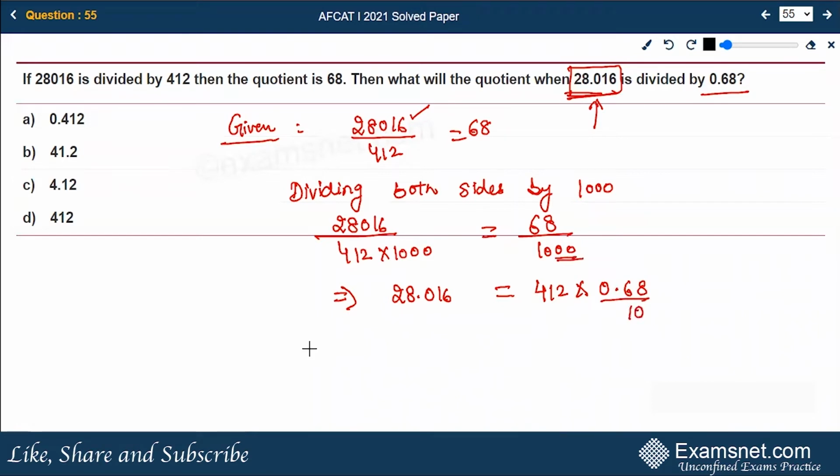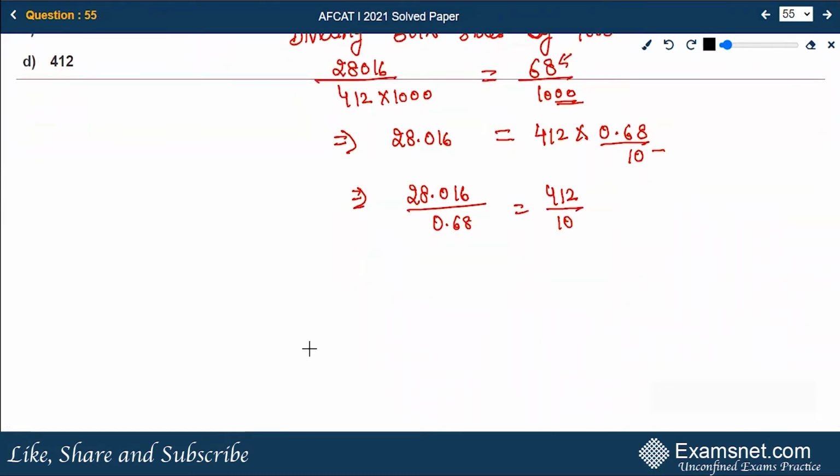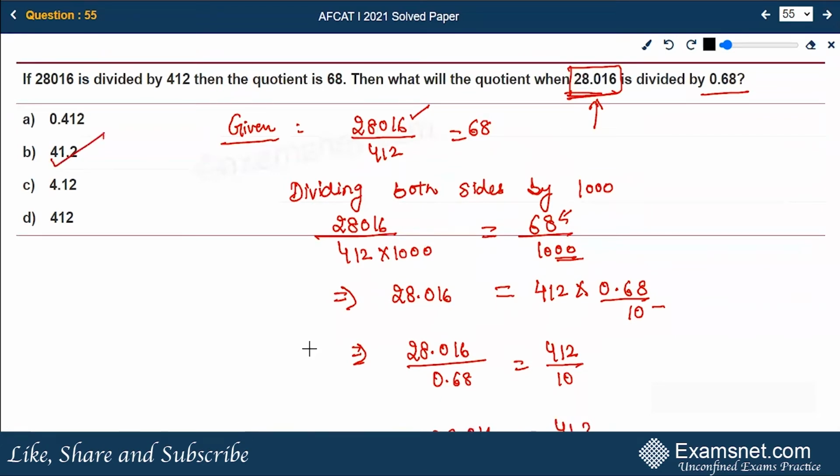I utilized these two zeros in putting a decimal before 68, and one zero is left in the denominator. So this will become 28.016 divided by 0.68 is equal to 412 divided by 10, which makes it 41.2. So 28.016 divided by 0.68 gives you 41.2. So your correct answer to the question is option B.